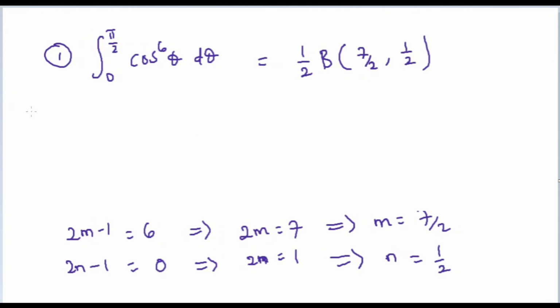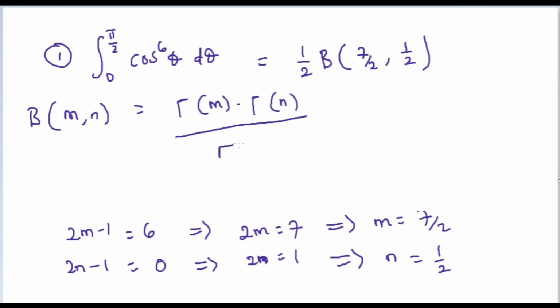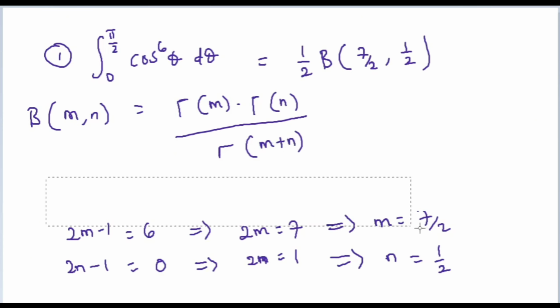And remember that the beta function, if I want to write it in terms of gamma, B(m, n), is the gamma of m times the gamma of n over the gamma of m plus n. So that makes everything so simple.